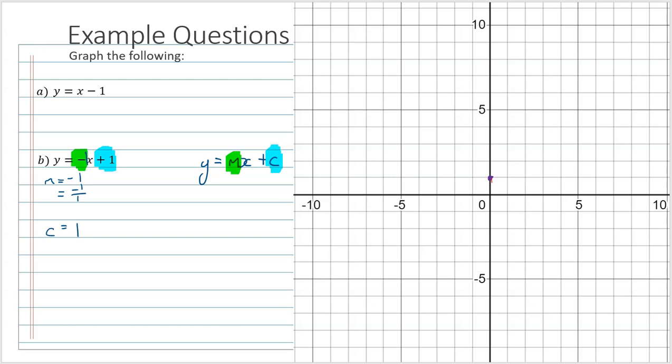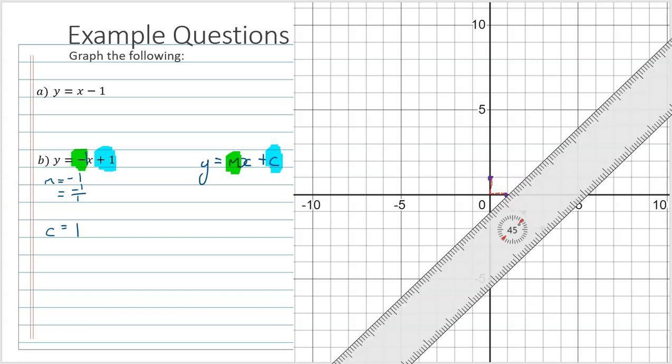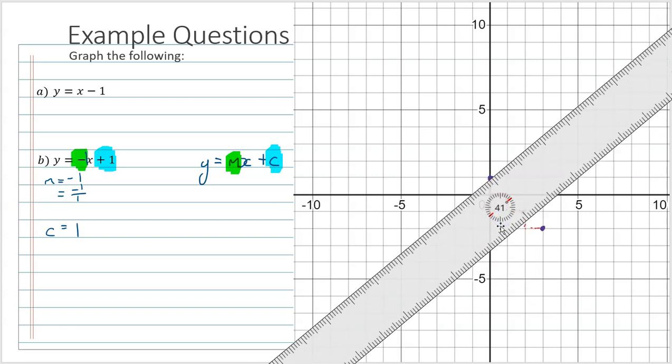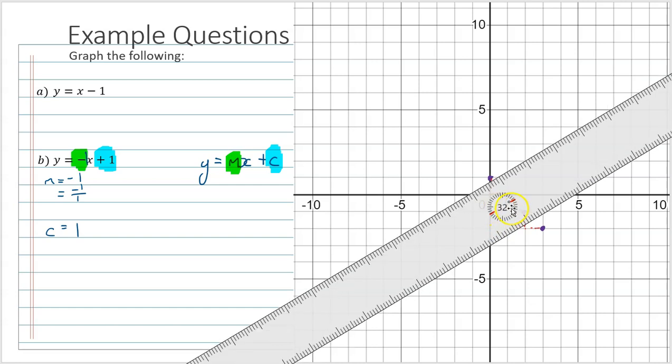So I'm going to go down 1, across 1, down 1, across 1, down 1, across 1. I'm going to mark each of those points as such, and I'm going to get my ruler out, because remember, we need a ruler every time we draw a graph.